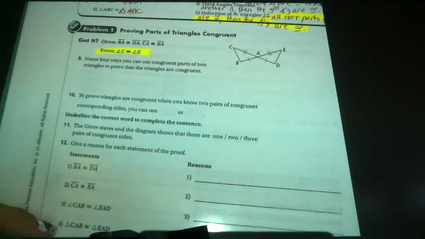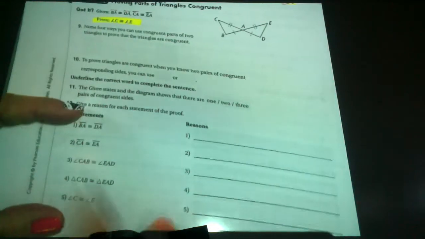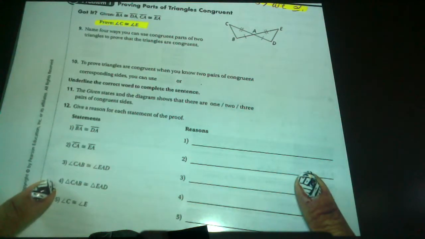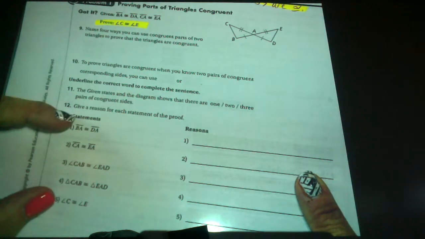So notice down here, they've done the whole proof for you. We're going to walk through it. Notice down here, here's your triangle congruent statement. There's the parts congruent. This must come before this. So anytime you have parts of a triangle that are congruent, you must precede it with a triangle congruent statement. So we really have the same proof.